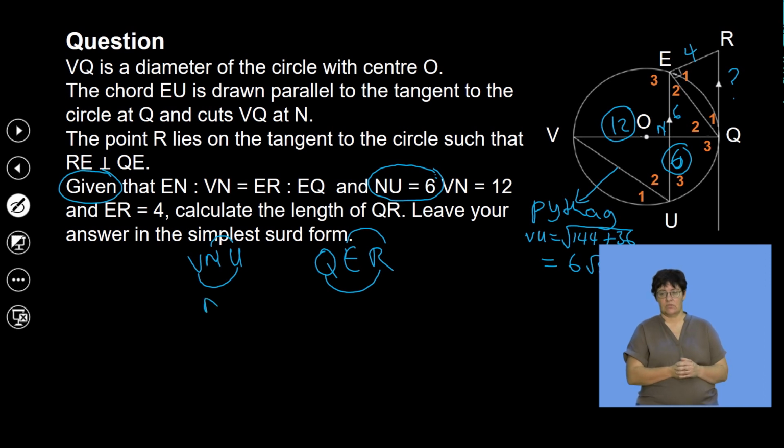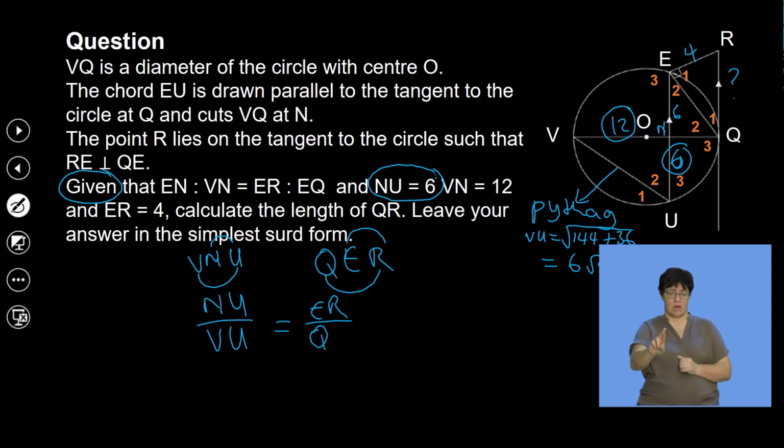So I said this will be NU over VU, which is equal to ER over QR. What do they want me to solve? The QR.